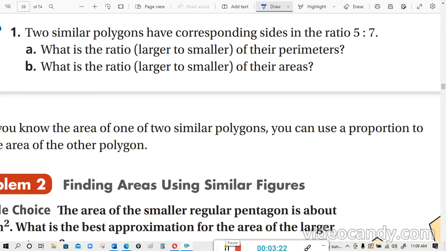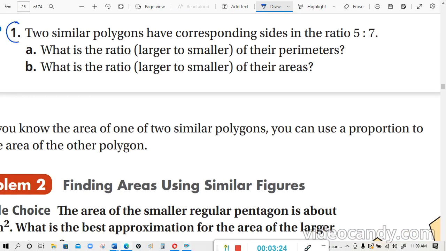Please pause and try the same thing on Got It problem number 1. Two similar polygons have corresponding sides in the ratio of 5 to 7. What is the ratio, larger to smaller, of their perimeters?